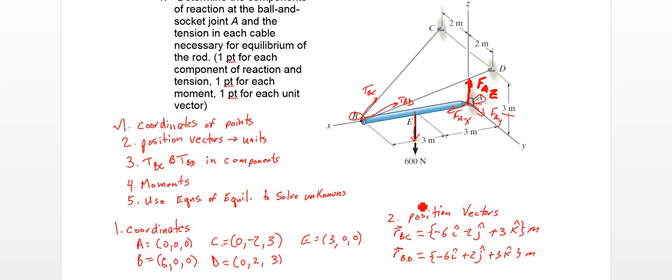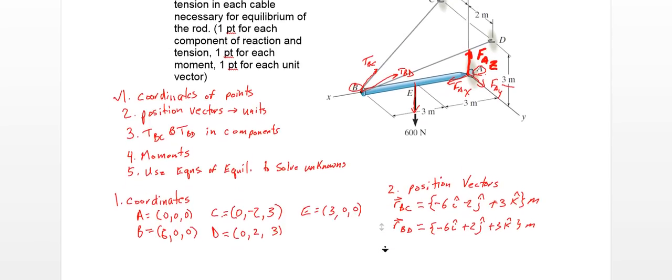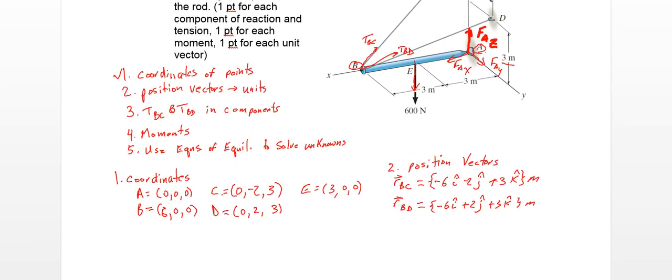And then we also have a position vector from A to B to get our moments that we'll use there. We're going to use the BC and BD to find our unit vectors U_BC and U_BD, and our tension times that unit vector will give us the force along that cord.